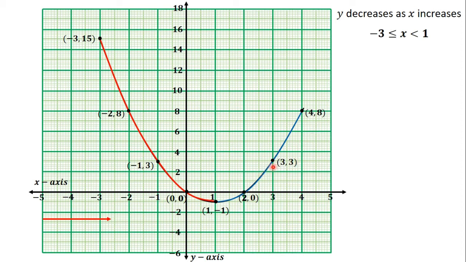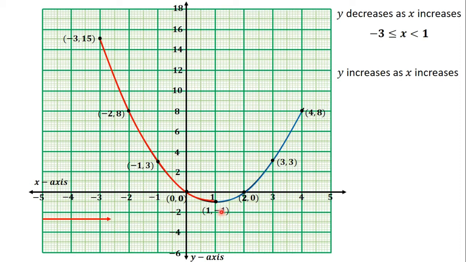So for this part of the curve, as the x-coordinates increase, the y-coordinates also increase. So y increases as x increases. For the first part, y decreases as x increases. But for the second part, y increases as x increases.